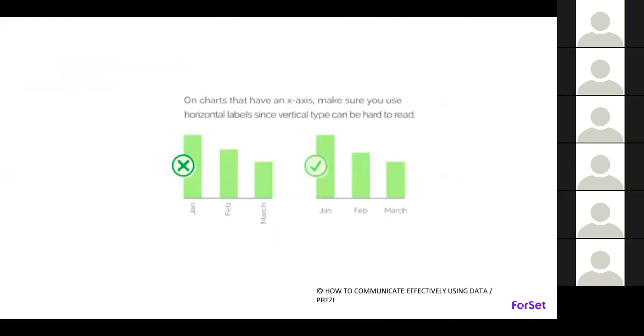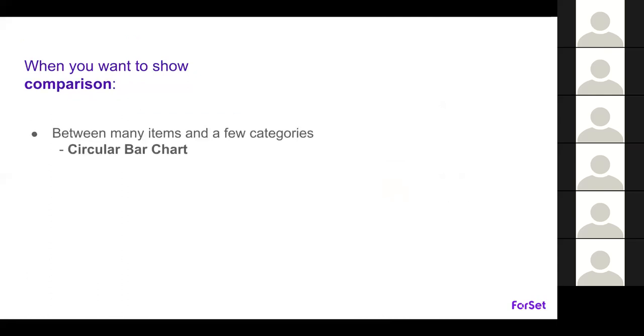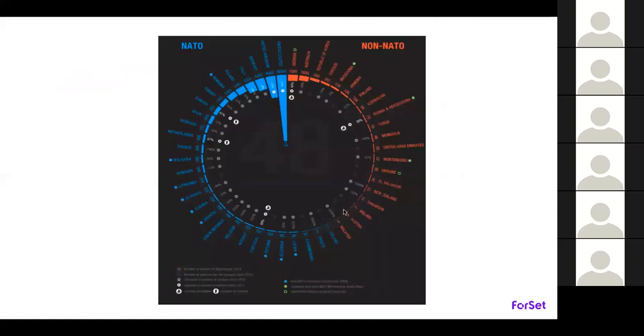Sometimes we have a number of items which is even very hard to put in a single bar chart. Here, for example, we have an example where we are showing the number of soldiers that NATO member countries and non-NATO member countries have sent to different places in the peacekeeping missions.